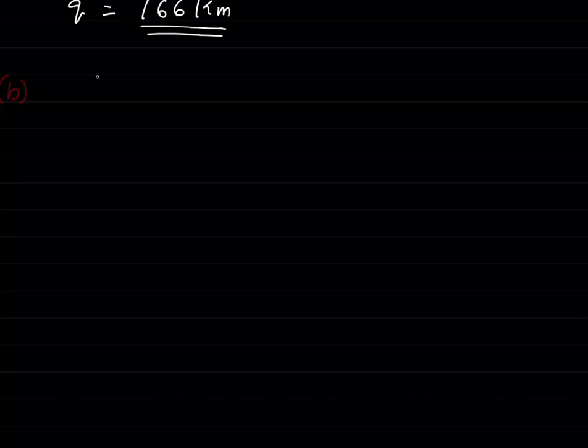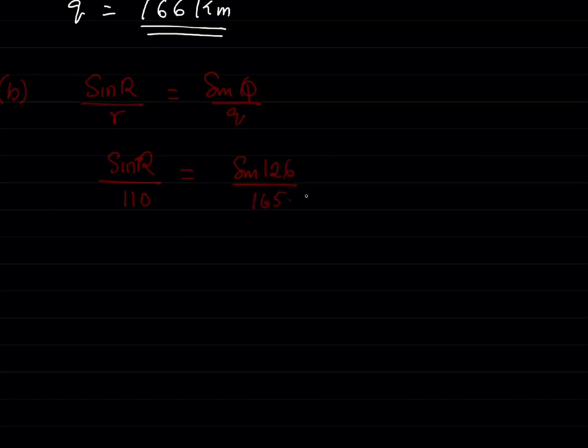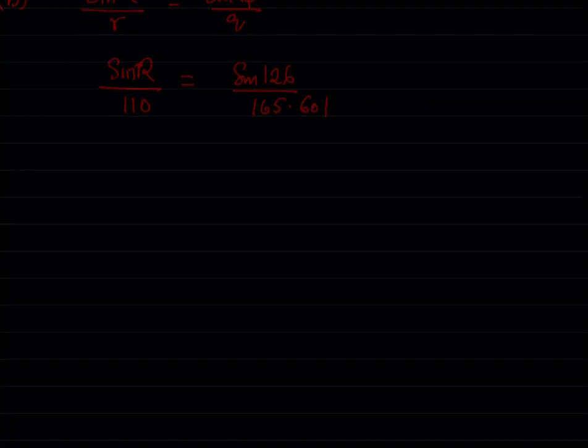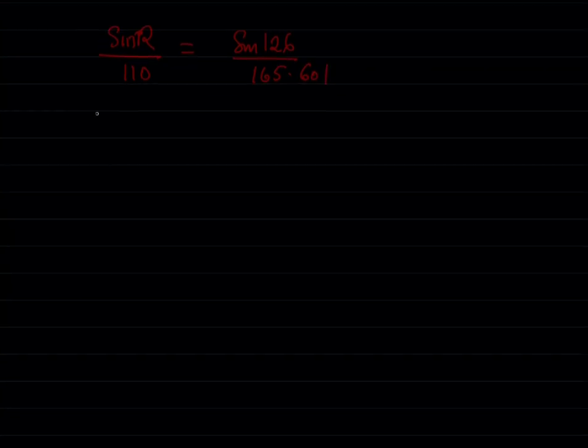I have my sine R all over R is equals to sine Q all over Q, which is the same thing as having sine R all over 110 is equals to sine 126 all over 165.601.